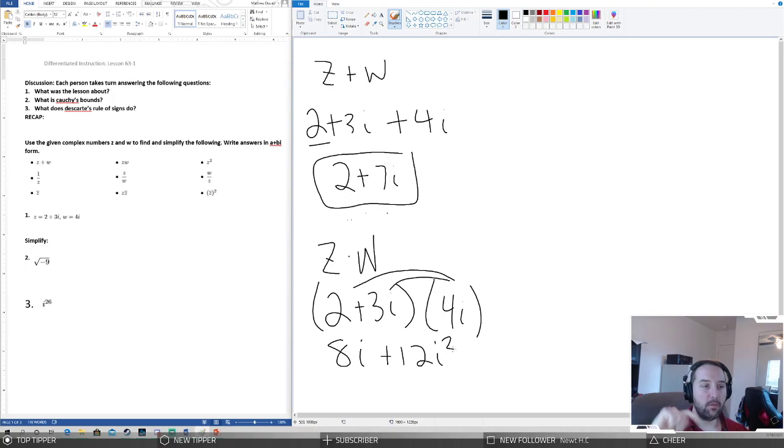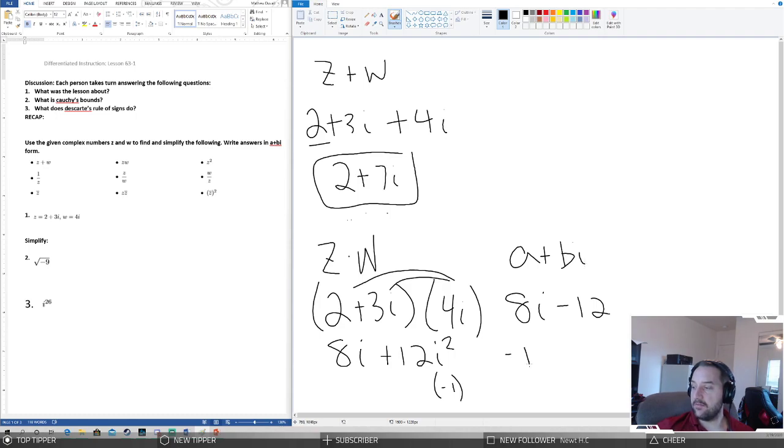Now we know from one of the definitions that i squared is going to be negative 1. So I can replace the i squared with negative 1. So that's going to give me 8i minus 12, because negative 1 times 12 is negative 12. And then now I can rewrite it. I want it in the a plus bi form. So that's going to give me negative 12 plus 8i. And that right there is going to be my answer.